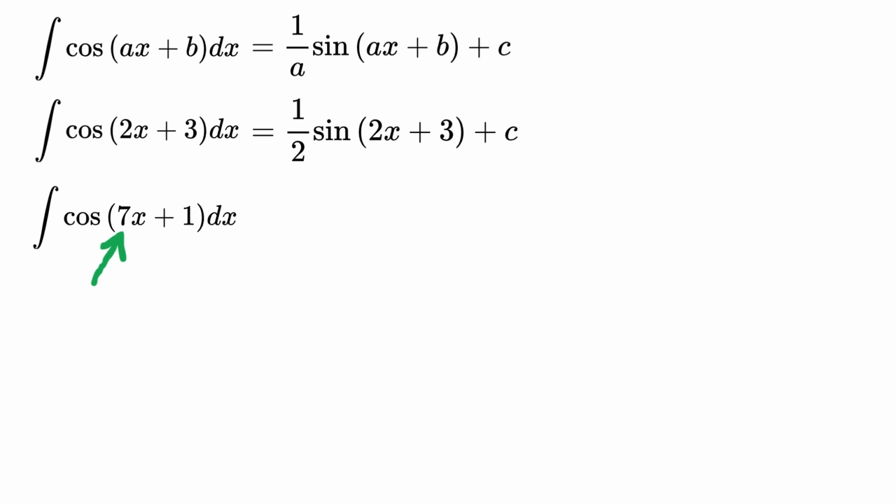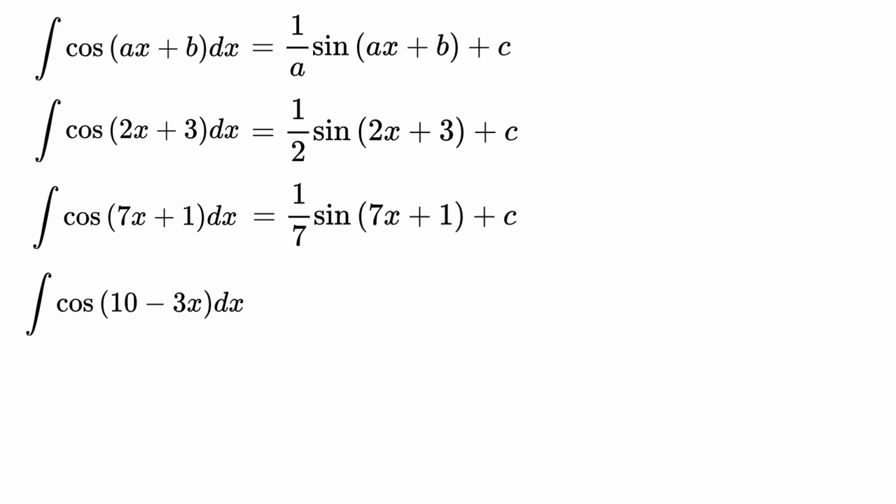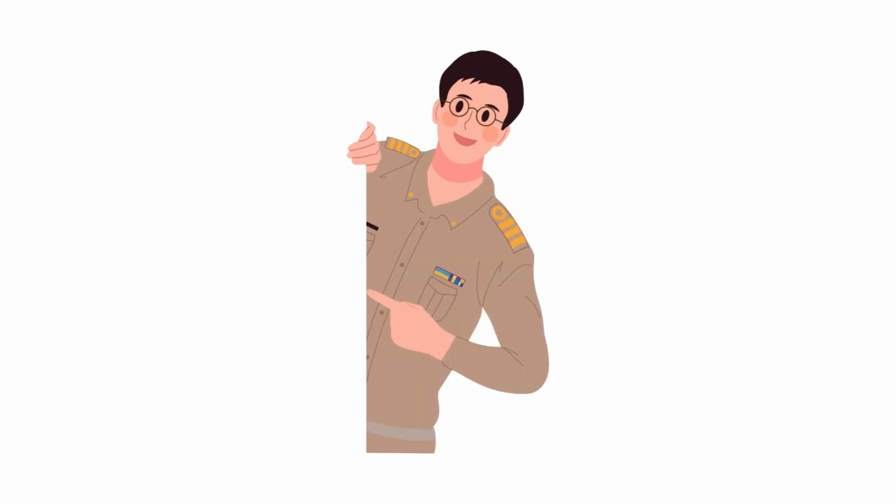Here, a equals 7, so the integral equals 1/7 sin of 7x plus 1 plus c. Integral of cos of 10 minus 3x dx. Here, a equals negative 3. So, the answer is negative 1 divided by 3 sin of 10 minus 3x plus c, where c is the constant.